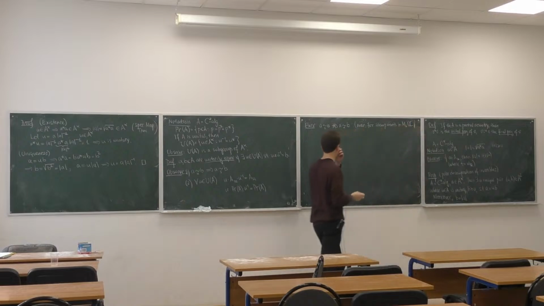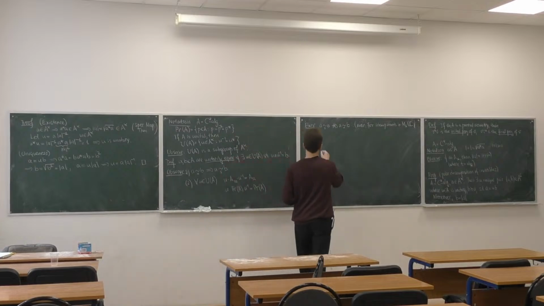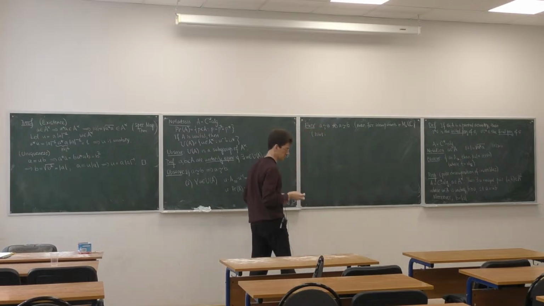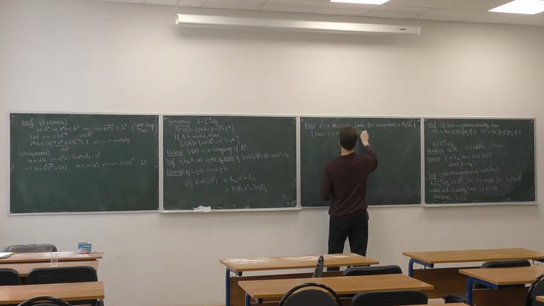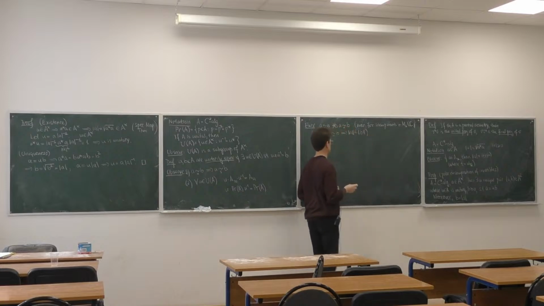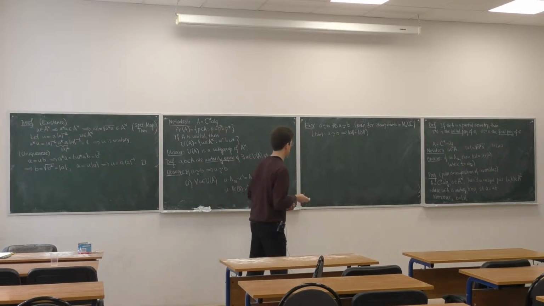So in general, the unitary equivalence is stronger than similarity. And a hint is the following simple necessary condition. If two elements are unitarily equivalent, then they have the same norm. But the norms of similar elements are not necessarily the same.